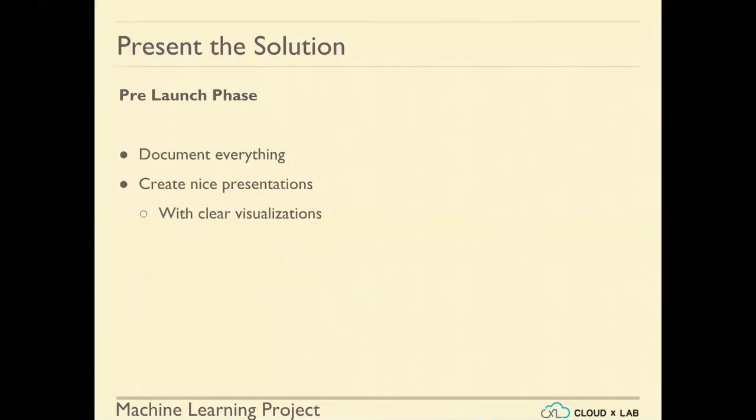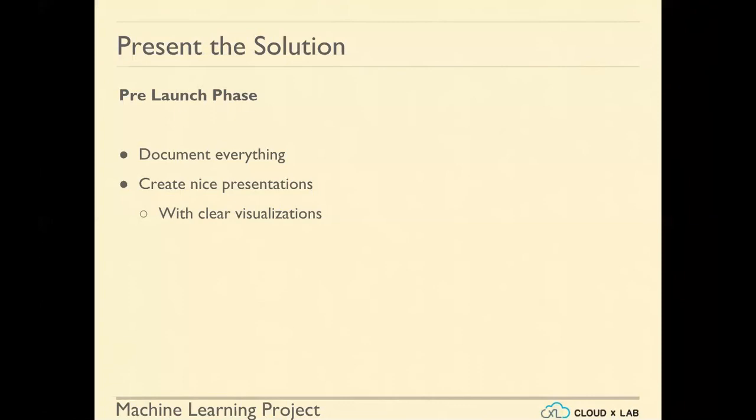Now we have learned to present the solution. One of the things is to document everything, create nice presentations, and use matplotlib to plot the graphs whenever needed. You should display the performance of your model in terms of mean square error, or whatever performance measure you use, along with the standard deviation.